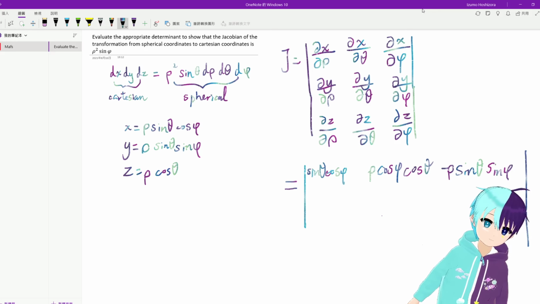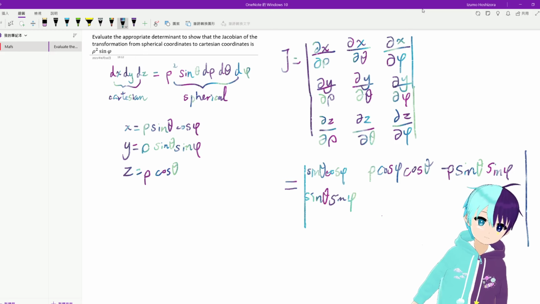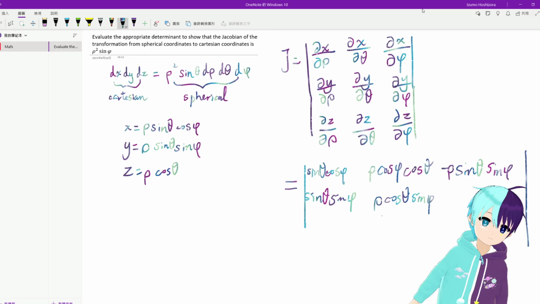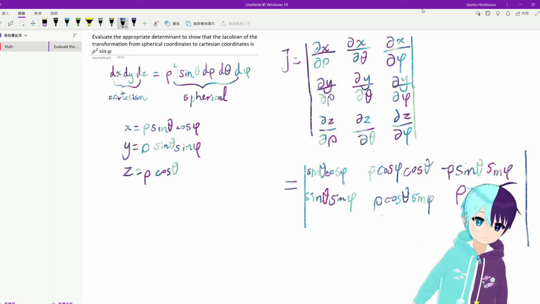For the second row, it will be sine theta sine phi with respect to rho, with respect to theta it will be rho cosine theta sine phi, with respect to phi it will be rho sine theta cosine phi.